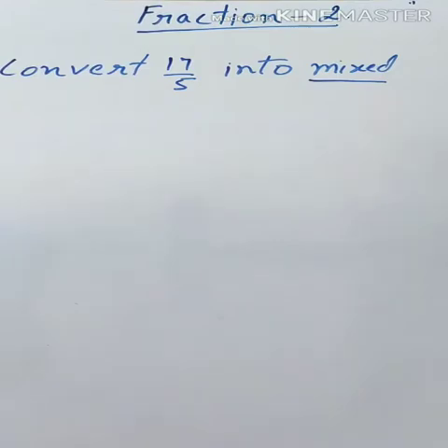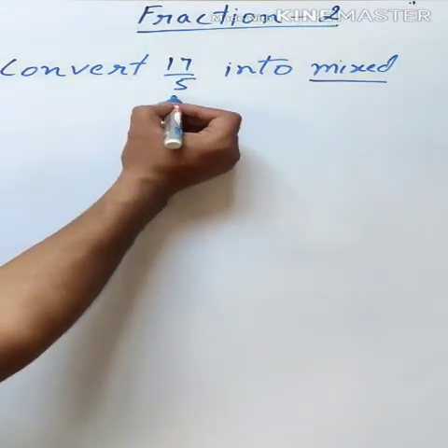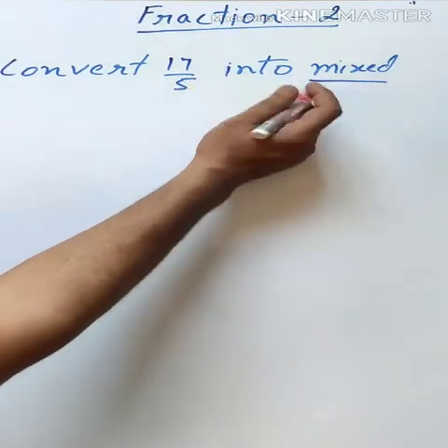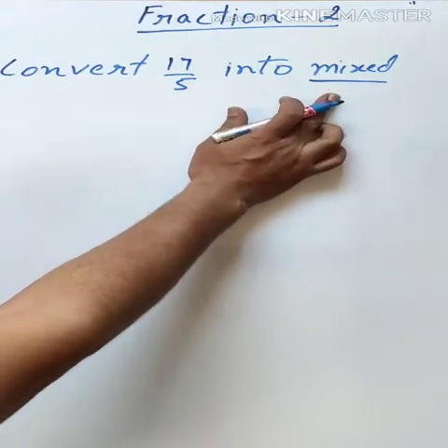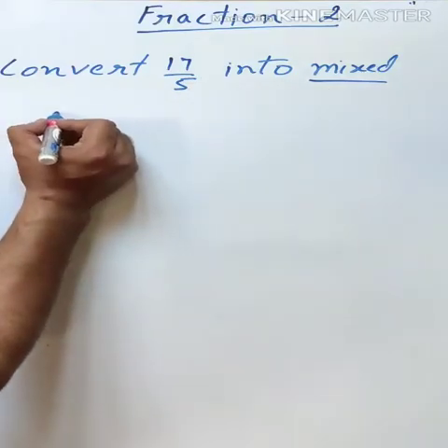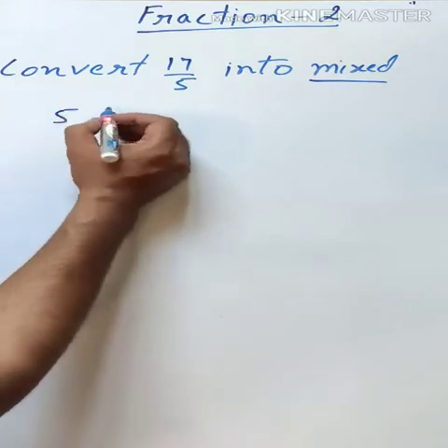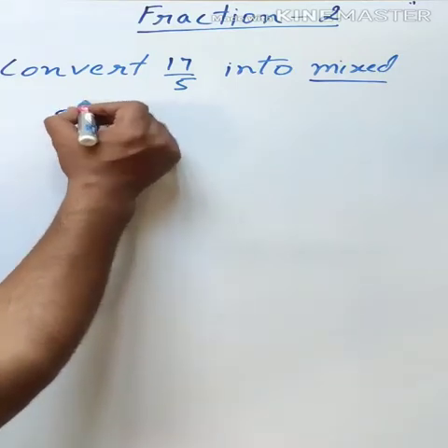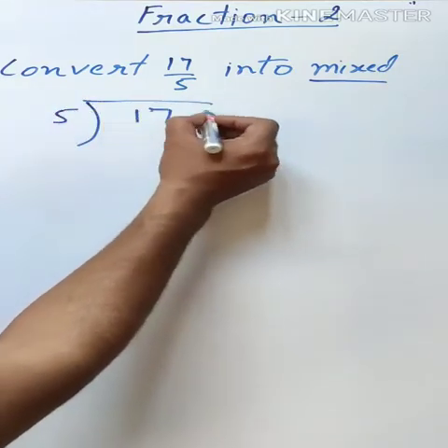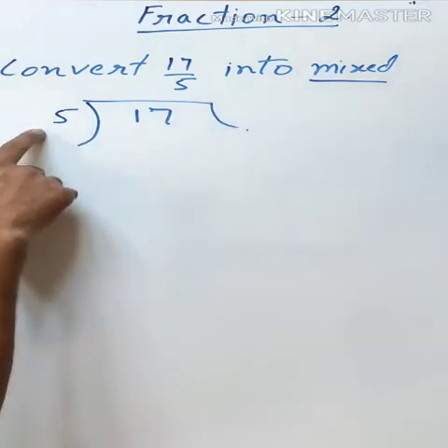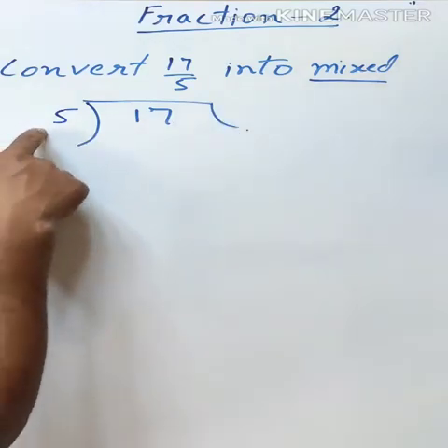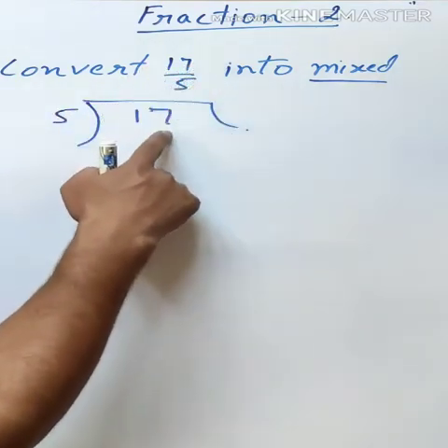Now we have to convert this improper fraction into a mixed fraction. So how do we convert? 5 you have taken as the divisor, and 17 you have taken as the dividend. Means the denominator is always taken as the divisor and the numerator as the dividend.